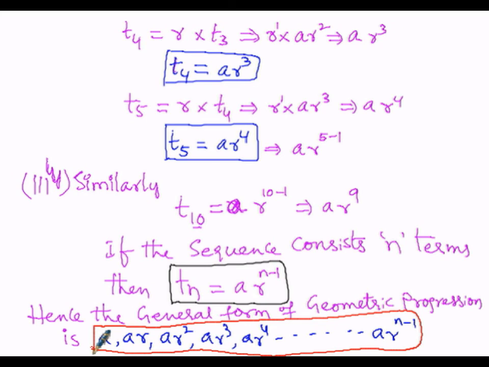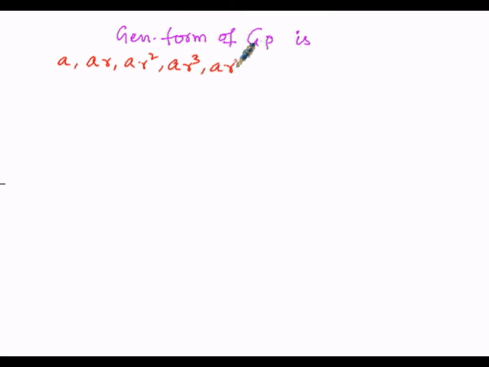Now in this case, the general form of geometric progression is a, AR, AR square, AR cube, AR to the power of 4, and so on, and here the nth term will be AR to the power of n minus 1.